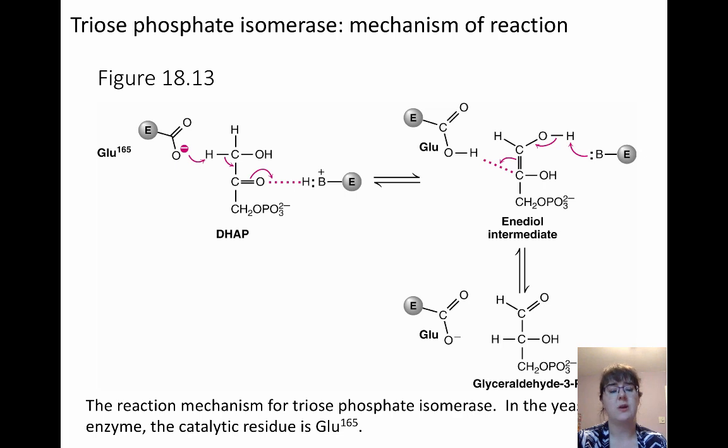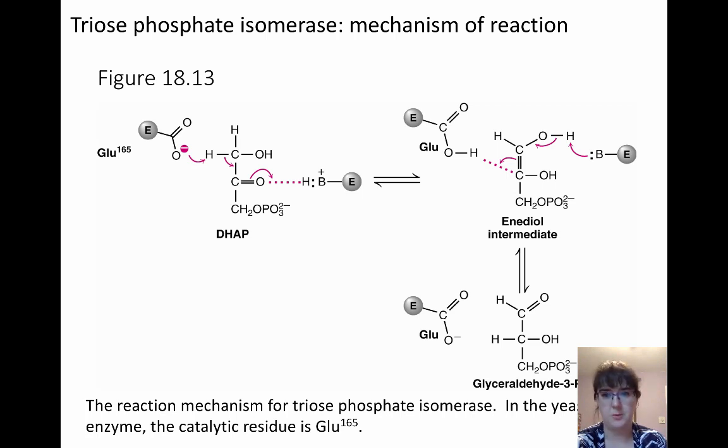Just a reminder, since we are using a glutamic acid residue, in the diagram you notice that it is Glu165. That's because we're looking at the mechanism specific for yeast, and in yeast it's the 165th residue. We're going to use that glutamic acid residue to abstract a proton off of dihydroxyacetone phosphate, which then leads us to an enediol intermediate, with that lovely double bond between the two carbons.